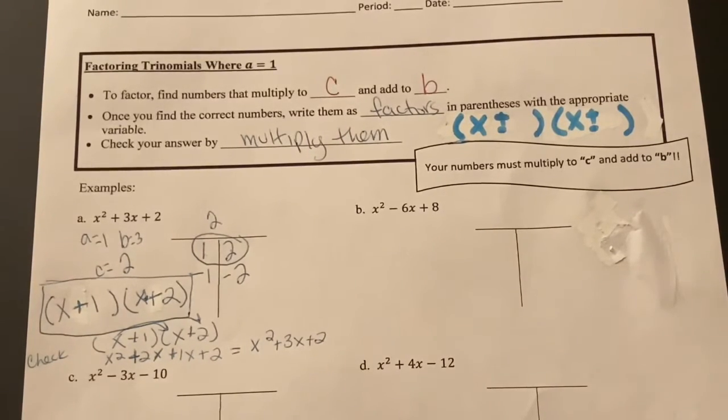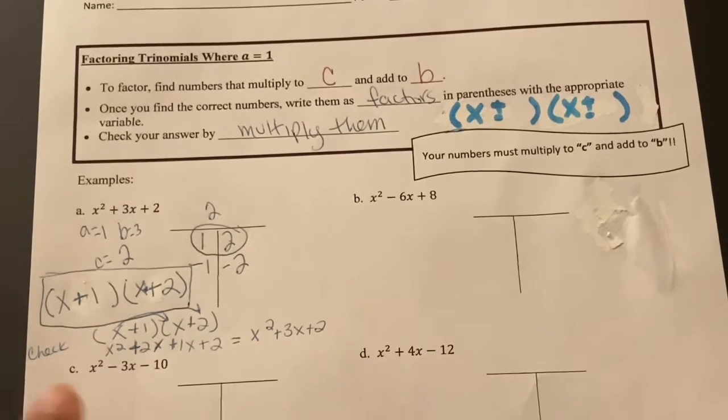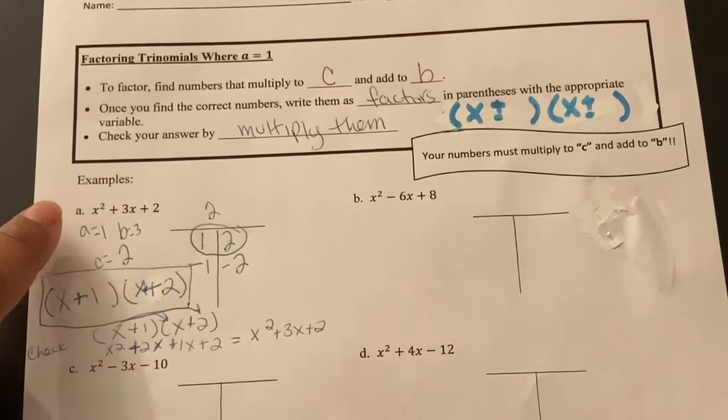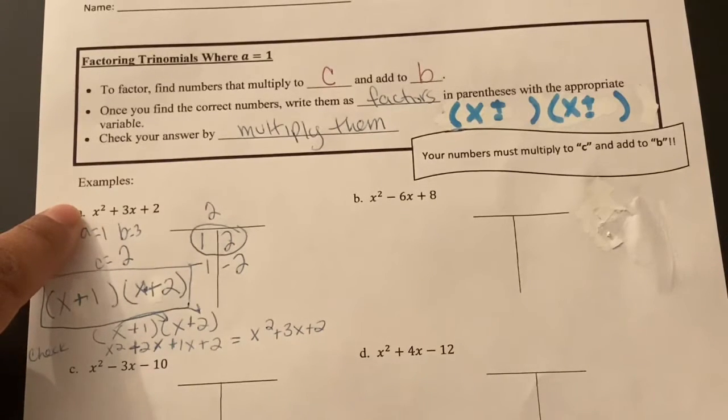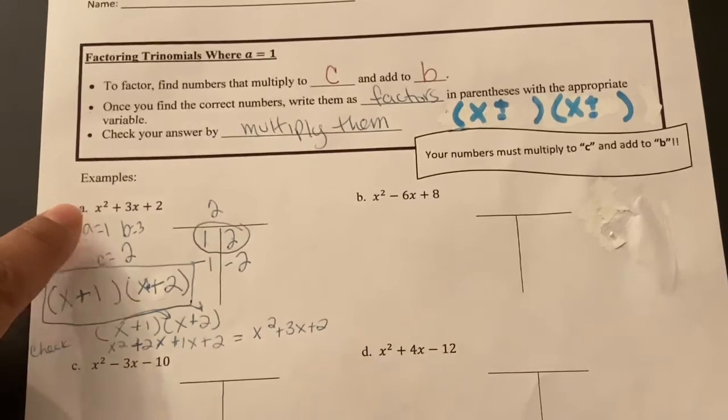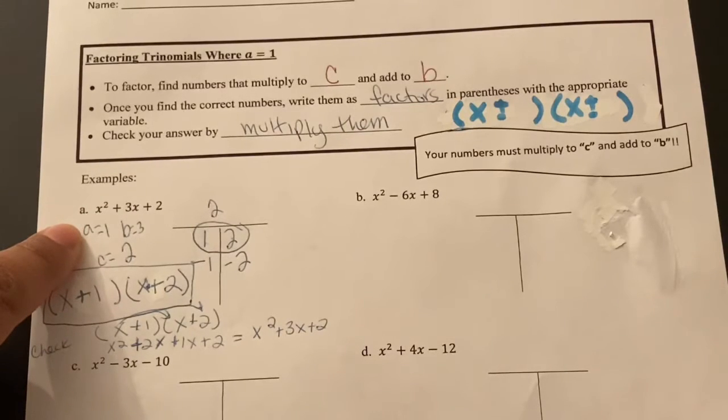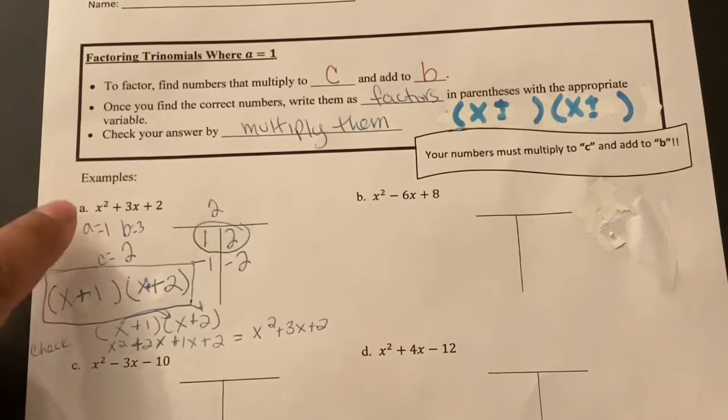Okay. And I did the first example for you. So we have the polynomial, or the quadratic, x squared plus 3x plus 2. So here our a is 1, our b is 3, and our c is 2. First step, we have to find the factors of 2, which is c, that add to make 3.